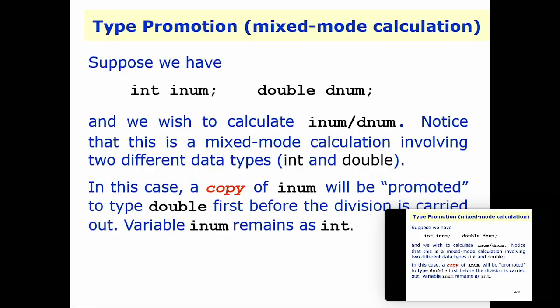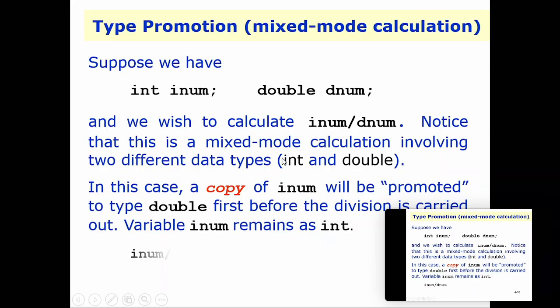And then if you have this mixed mode calculation of different data types, in this example, integer and double, then this inum is promoted to type double in this calculation. But remember that the variable itself remained as integer.